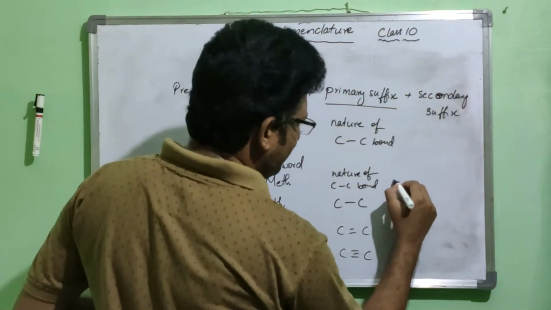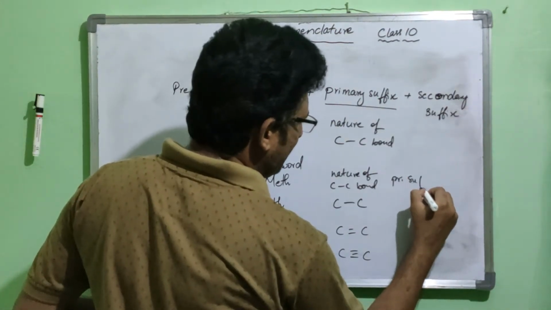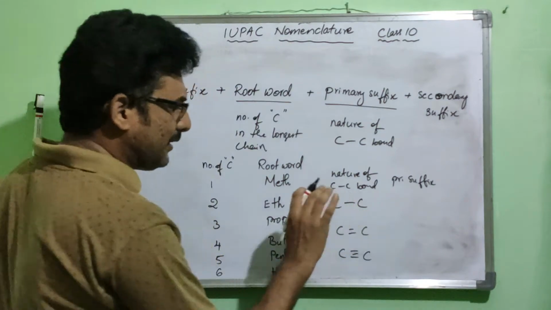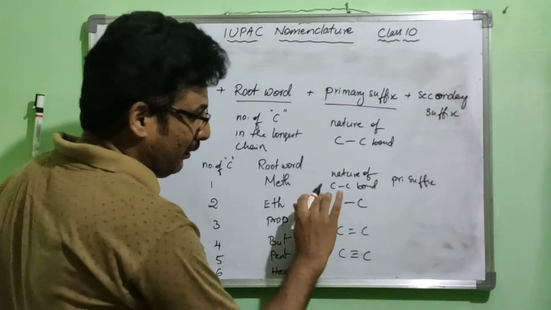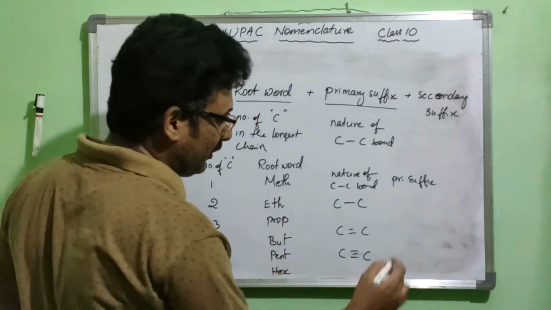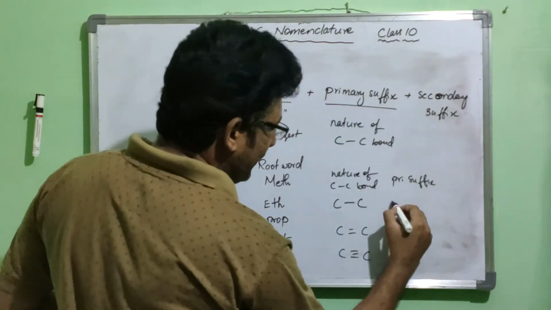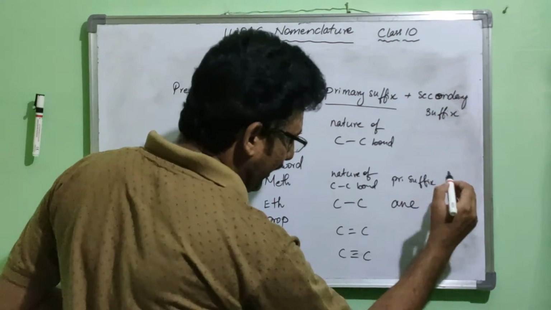In case all the carbon atoms have only single bonds between them in the given compound, then the primary suffix will be "ane."